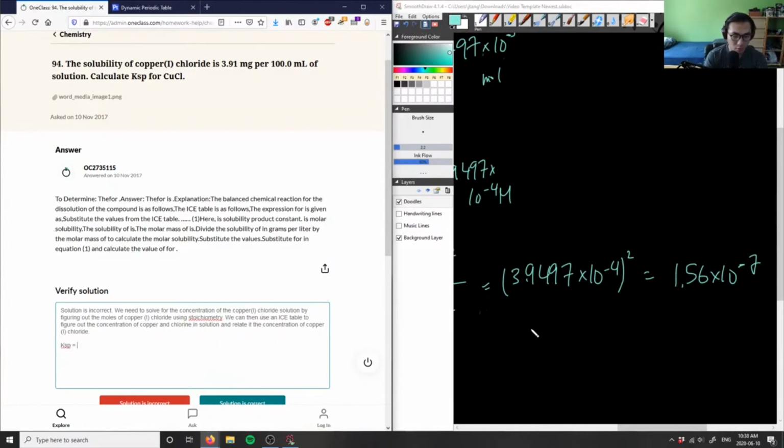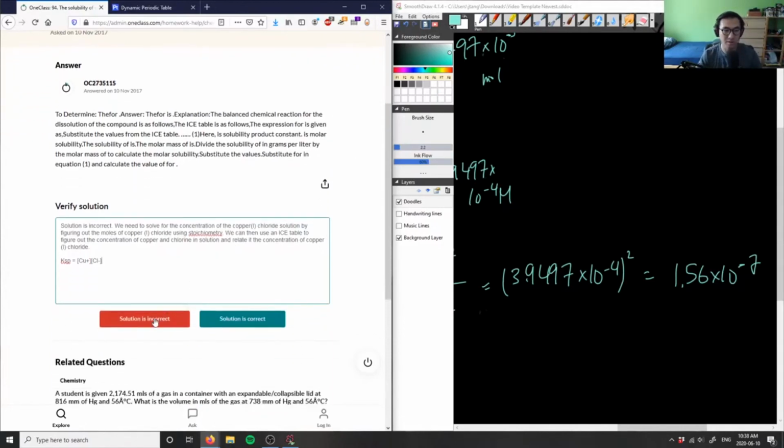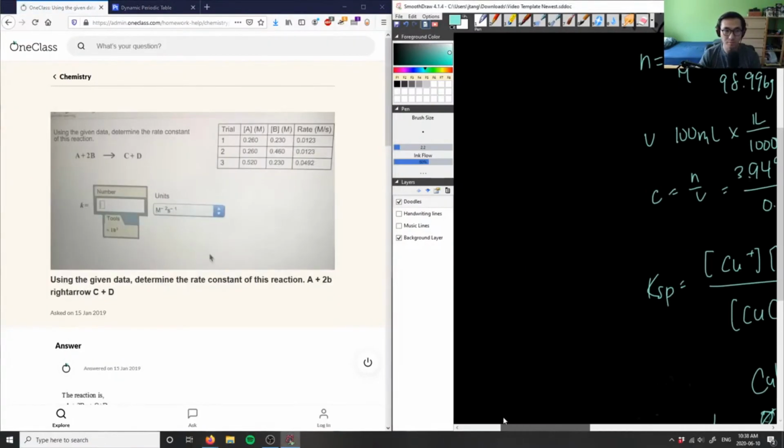KSP is going to equal the concentration of Cu plus times the concentration of Cl minus. And then that's how we're going to solve for our KSP of copper chloride. So the solution here is incorrect because I have an incomplete solution.